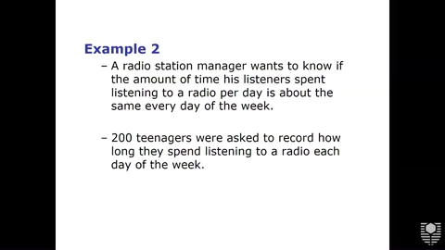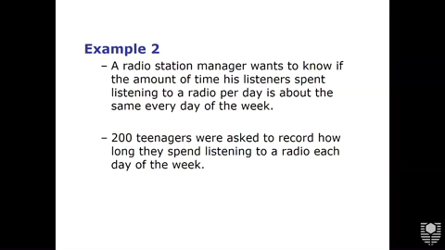Not that complex in the exam, but we need to understand how to address the question. In case you're going to have one such question, what do you have to do? You have to read. The first part gives us an indication that we have 7 treatments, because 7 days. But still we have to record the time these teenagers spend listening to the radio each day of the week, for 7 days.